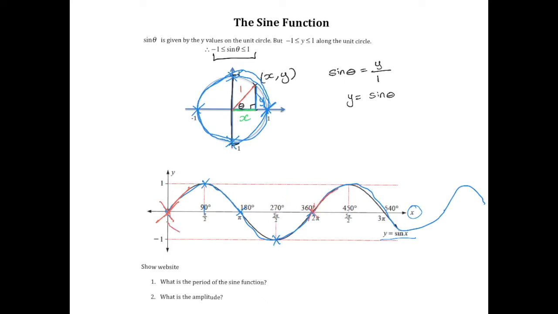So that point repeats 360 degrees later, or if we're in radians, 2 pi radians later. So the period is 360 degrees or 2 pi radians. Is everyone okay? All right.